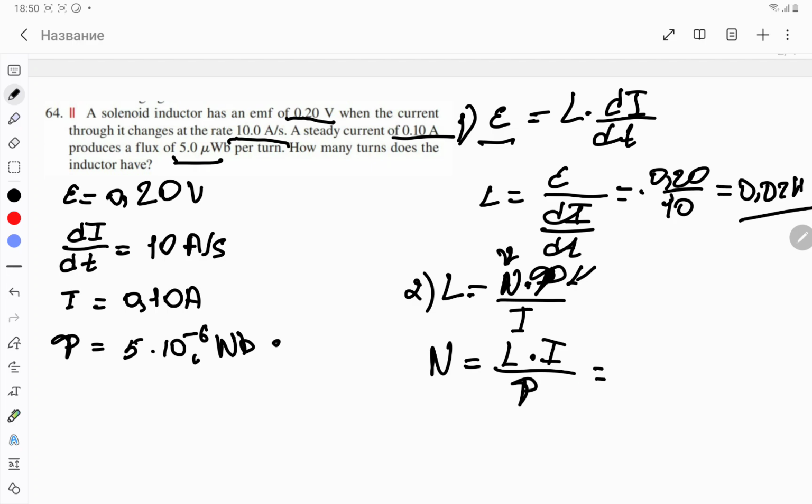So now plug in the numbers. We already know the values of all of them. Just let's write 0.02 times 0.10 over 5 times 10 to the minus 6.